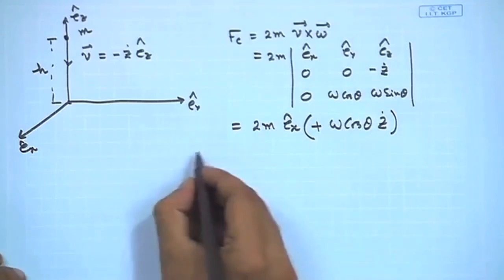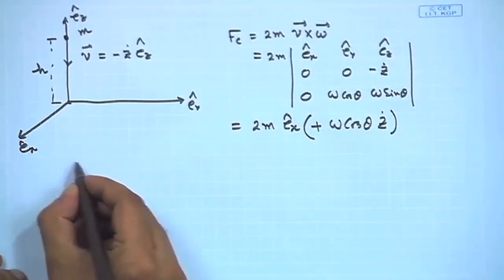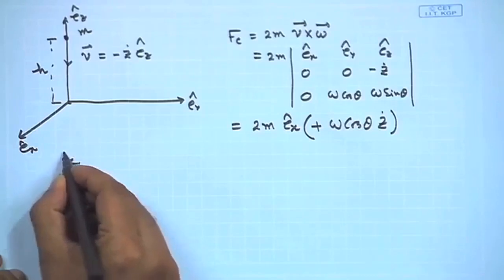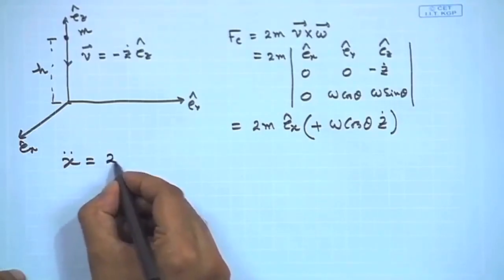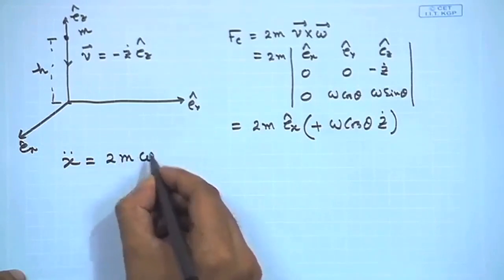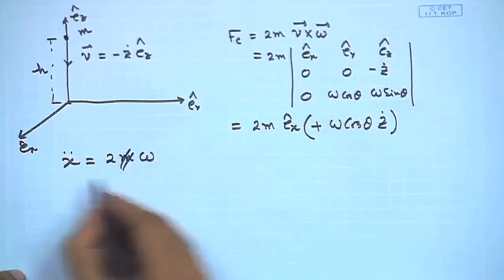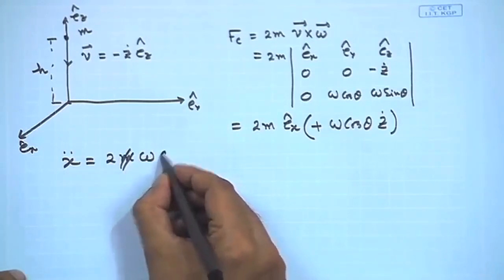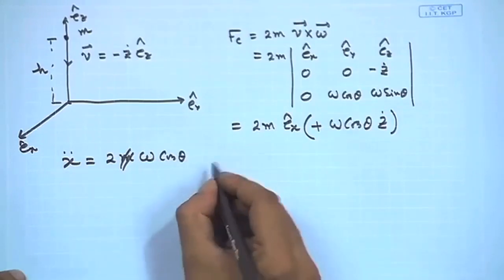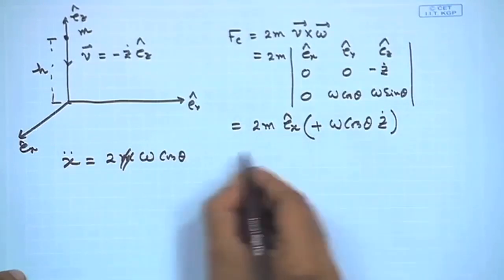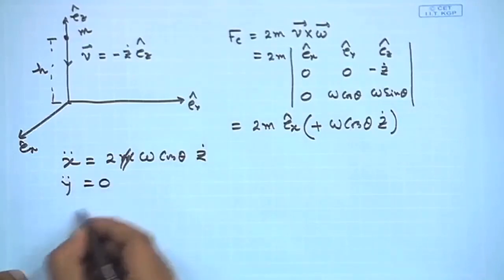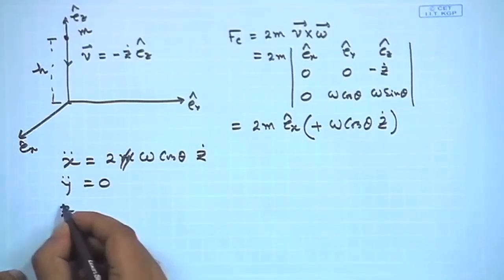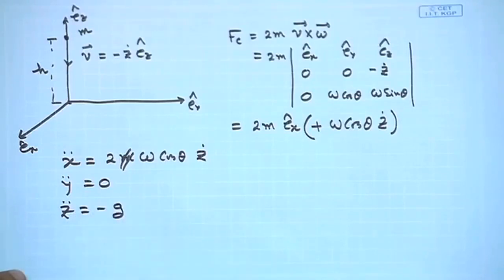So, if I write the force equations along the 3 different axes, we get x double dot is equal to 2 omega cos theta z dot, because m will cancel out as we are just writing the acceleration. y double dot is equal to 0 and z double dot is equal to minus g.